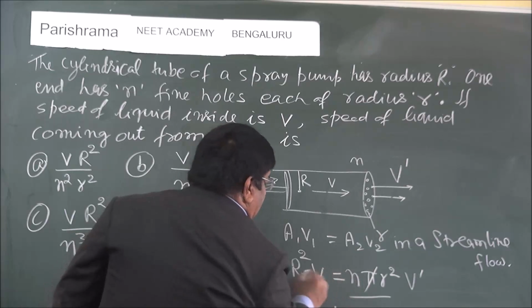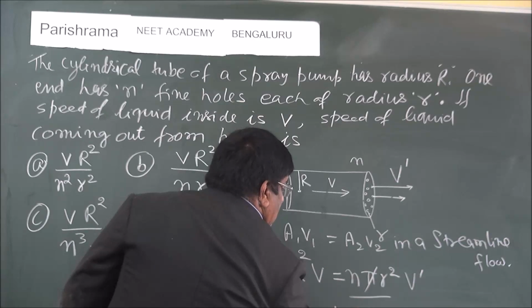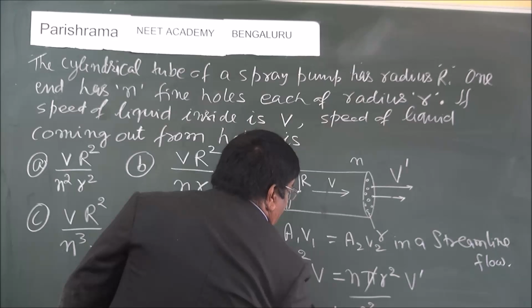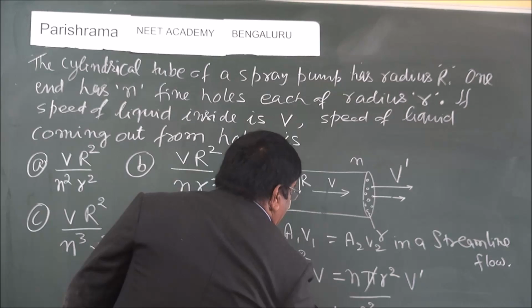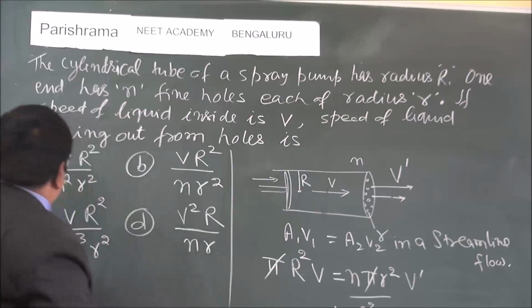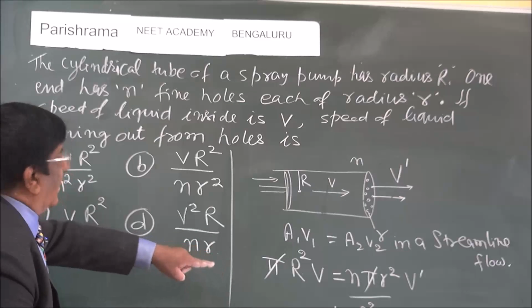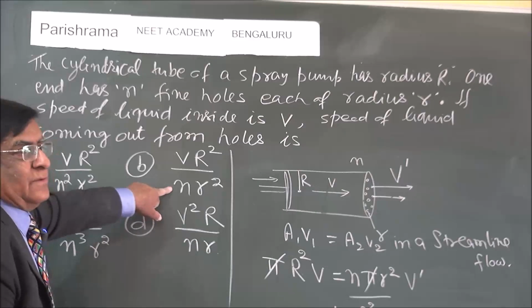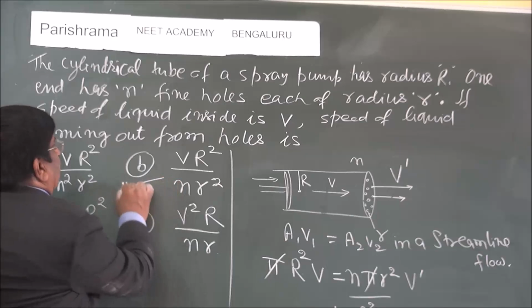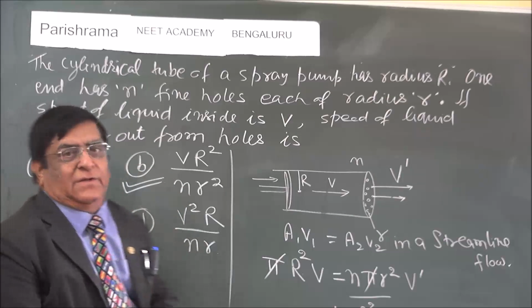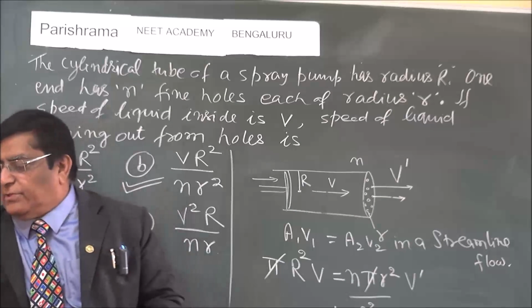V dash is equal to r square upon n r square into V. Do we get it anywhere? V r square upon n r square. Okay. So this is the right option. Right? Okay. So thank you very much.